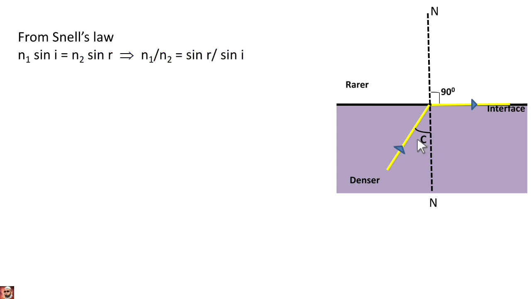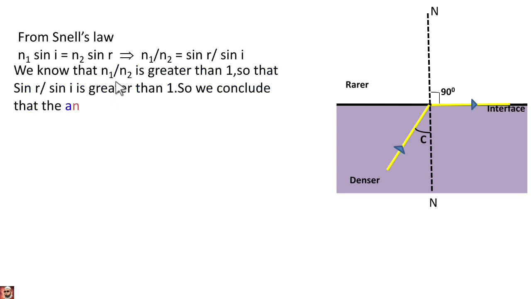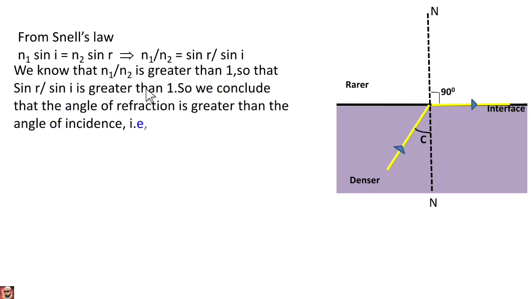Let's see, according to Snell's law, we can write n1 sin i is equal to n2 sin r, or we can also write n1 by n2 is equal to sin r by sin i. Here n1 is the refractive index of the first medium, the denser medium, and n2 is the second medium, the rarer medium.